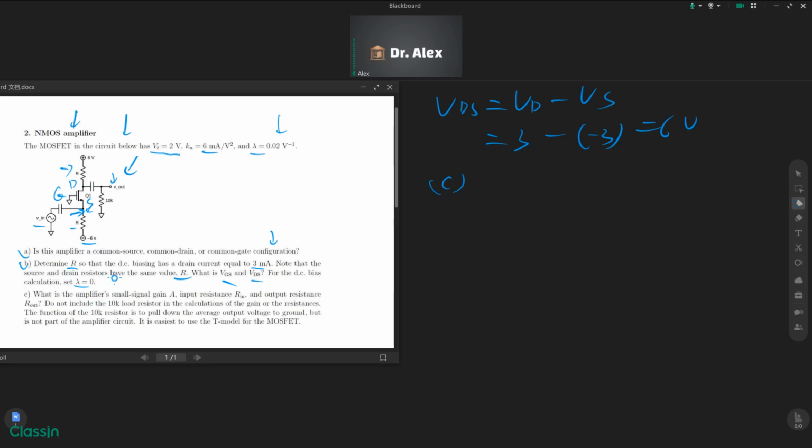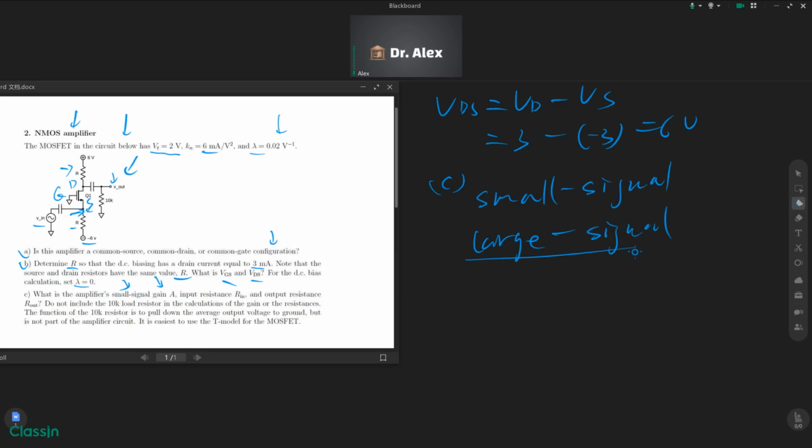It is asking us to calculate the voltage gain of this amplifier. Be careful, it is small signal. Here we must understand the small signal versus the large signal.